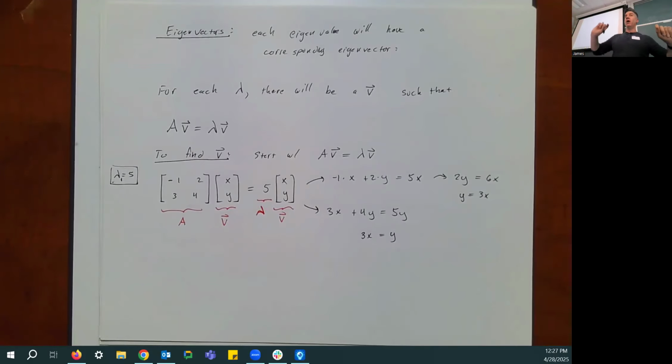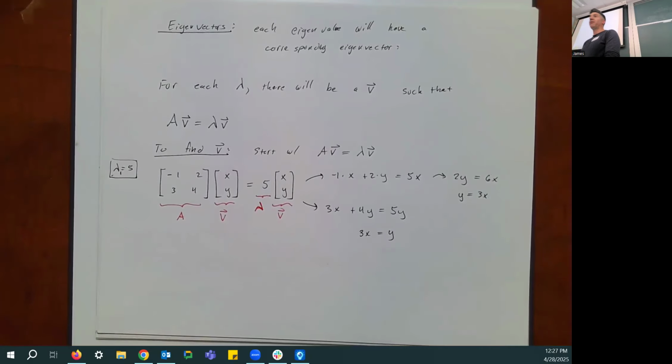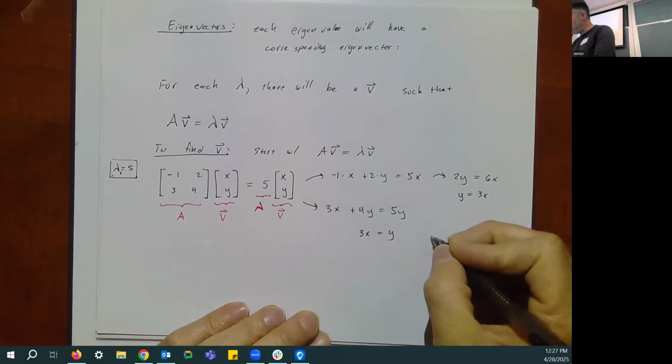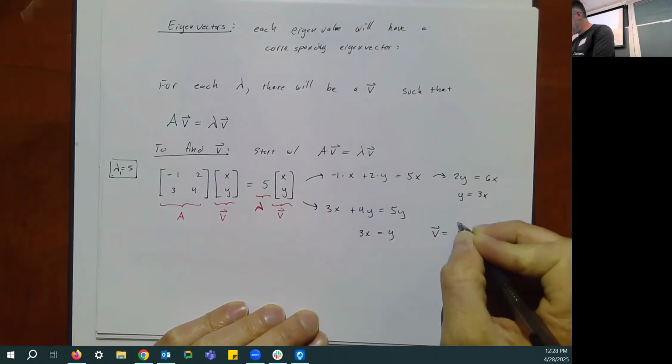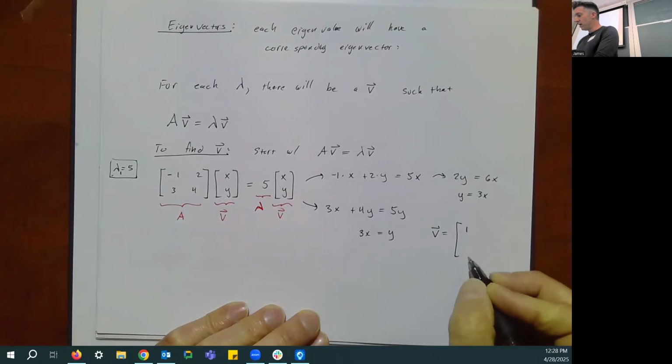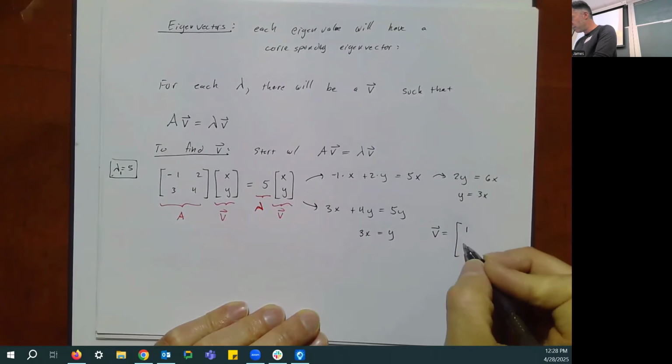It's okay to have 0, 1 or 1, 0, something not 0, but 0 and 0, no dice. So in this case, I'm going to pick x equal to any non-zero number I like. I'm going to pick 1. The standard choice is pretty much the smallest possible integers you can pick. So one choice for my eigenvector would be that x is equal to 1 and y is equal to 3 times 1.